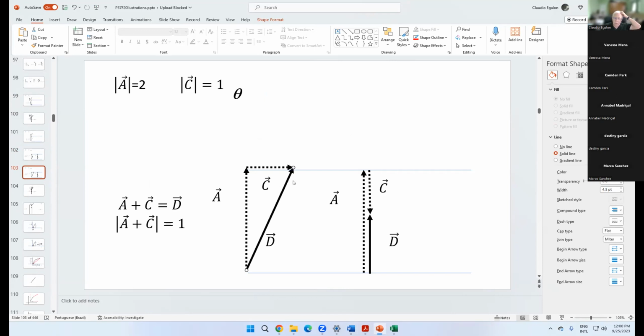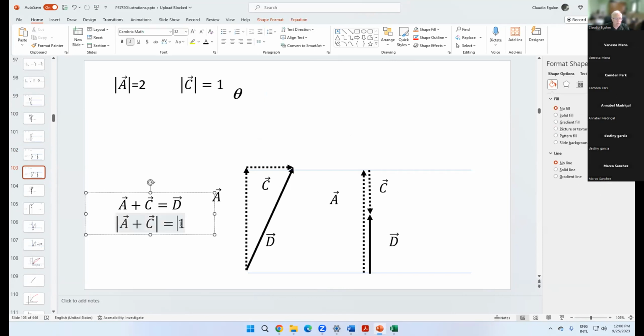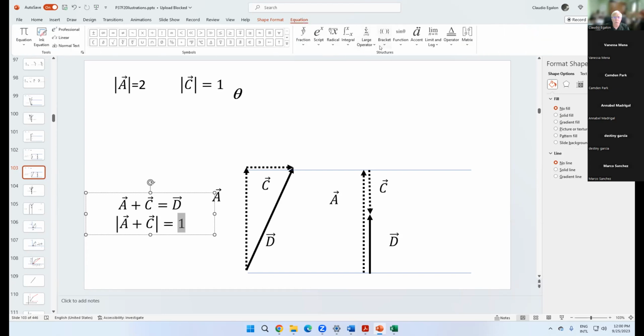Now A and C perpendicular to each other should be square root of 5, since 2 squared plus 1 squared is 5. Take the square root of 5. And the equation, we're almost done here. Let me do that and then we can go home.